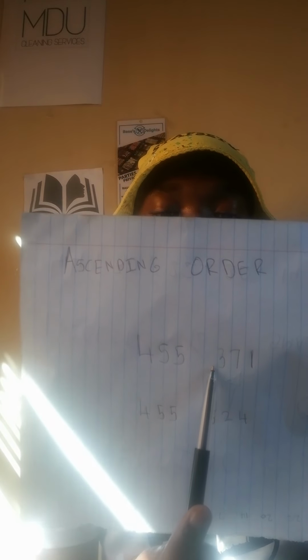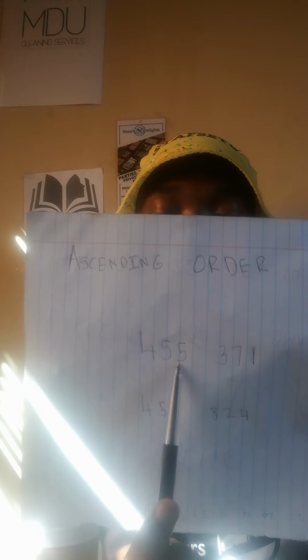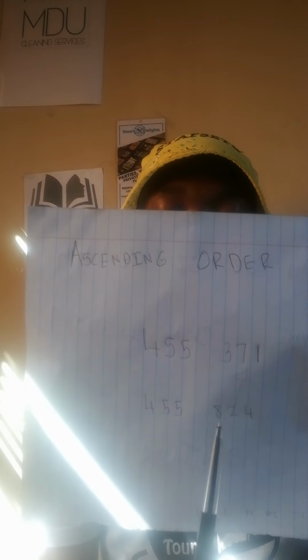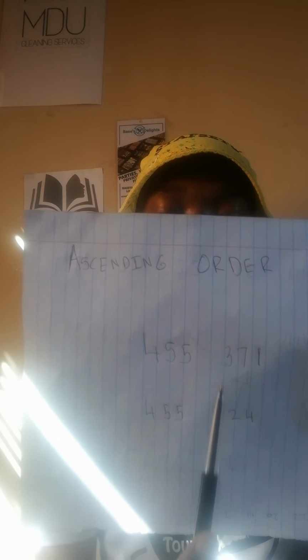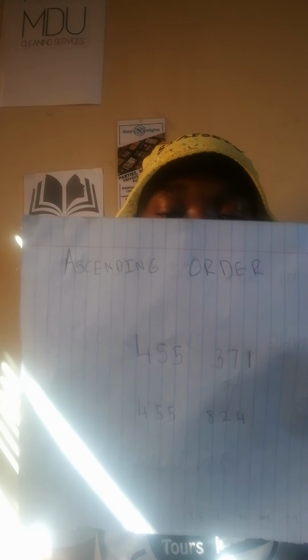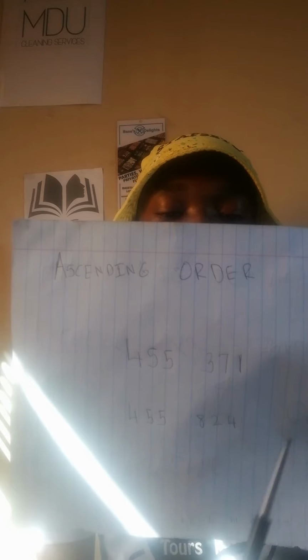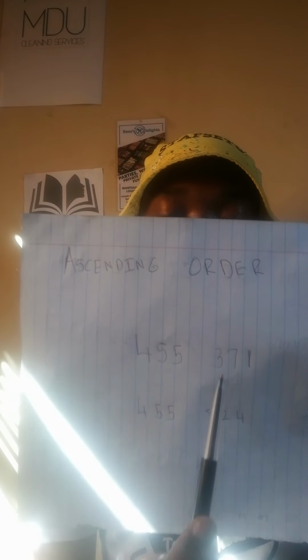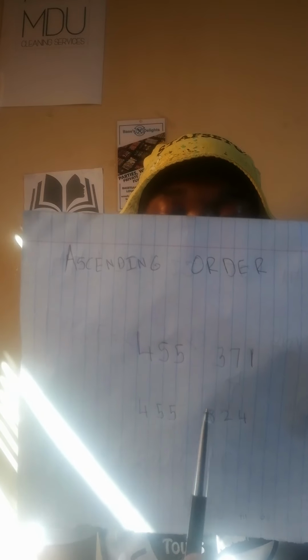But as soon as you cross over to the first digits after these three, you can see that 3 is smaller than 8, or 8 is bigger than 3. So depending on the order they want you to place them in, either ascending or descending, this is where you see which number is bigger than the other, or which number comes before the other.